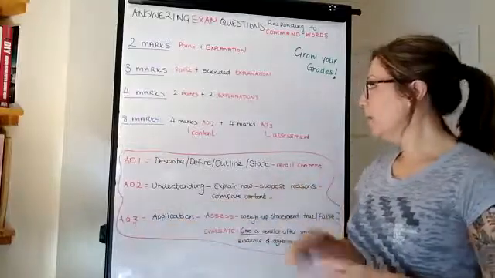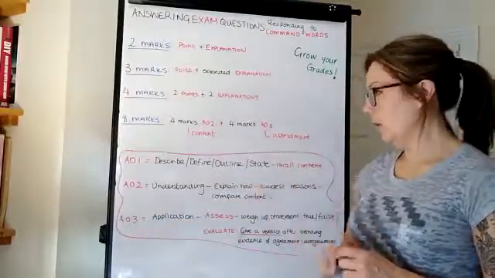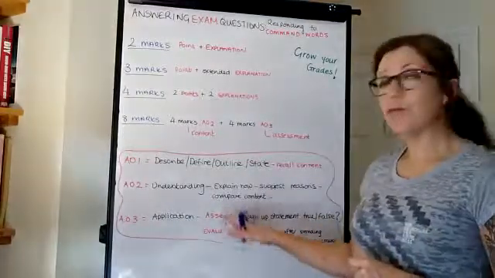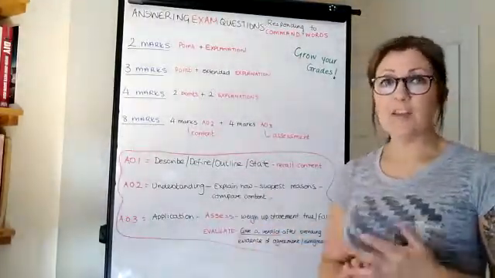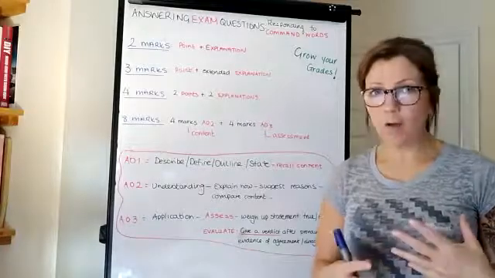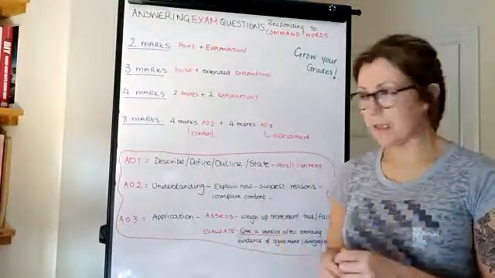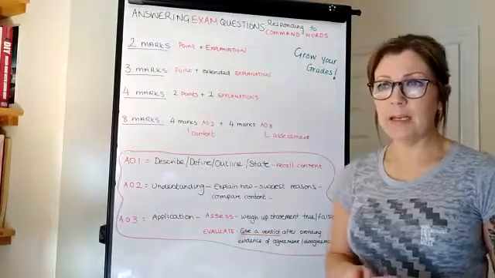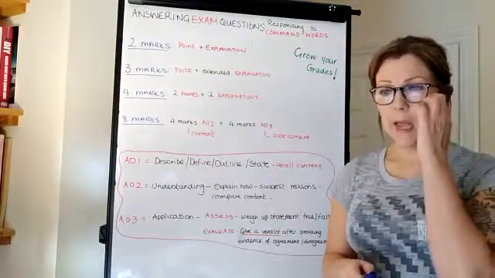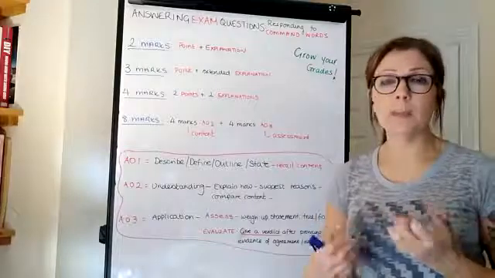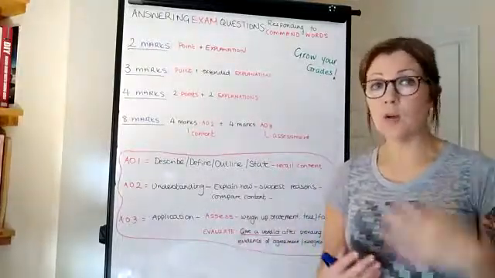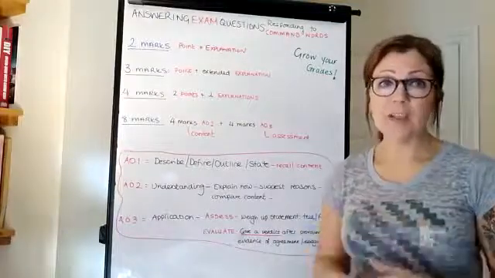Now AO3, which is our other 4 marks in our 8 marker, is what we call application. So really this is responding to the command words. The 2 most common command words, which are very similar, but we look at how they differ slightly, are assess and evaluate. Assess and evaluate is about you making an assessment, or weighing up something, or giving your idea of which is better or worse, or what the pros and cons are and which is the best one.